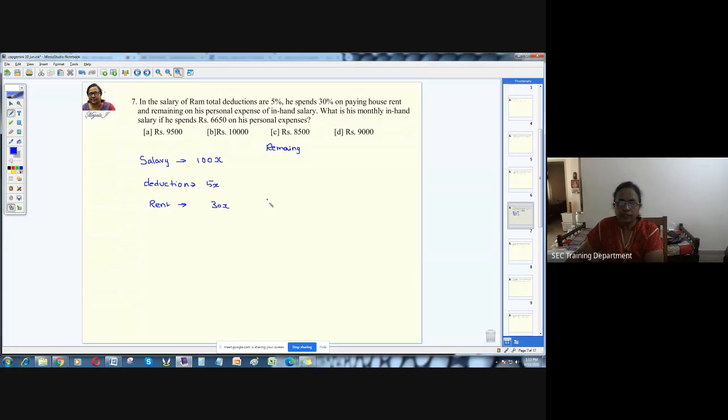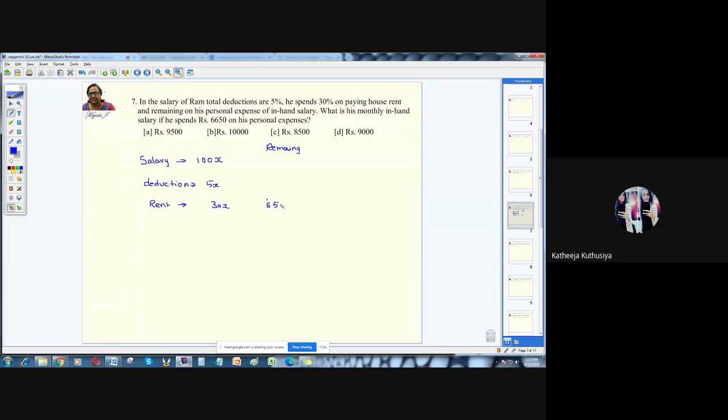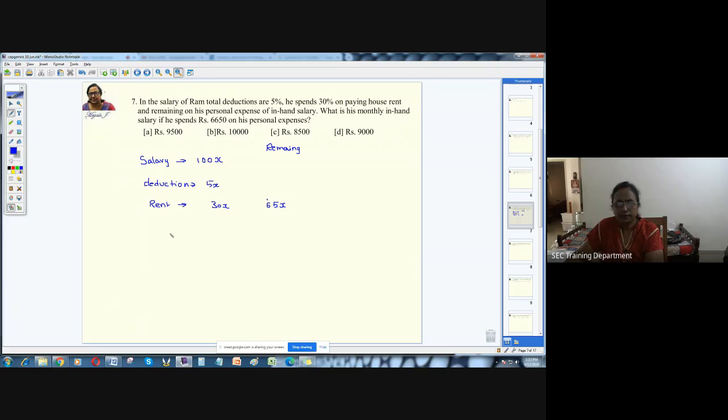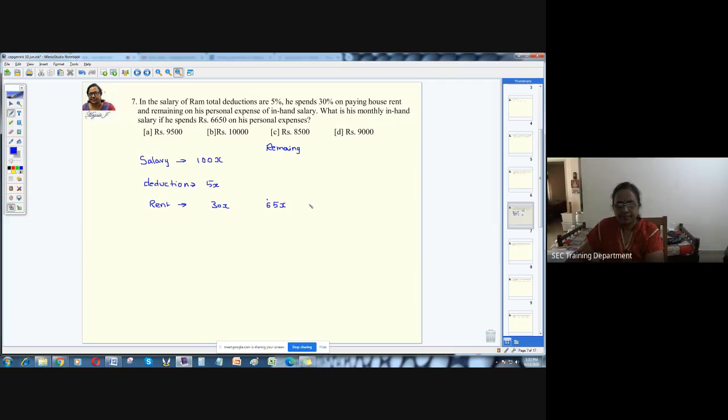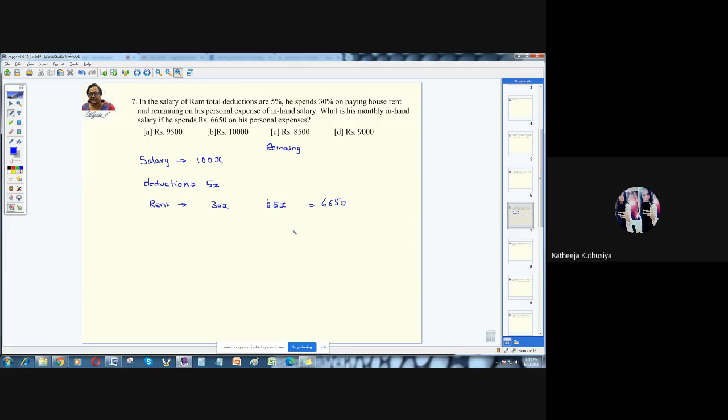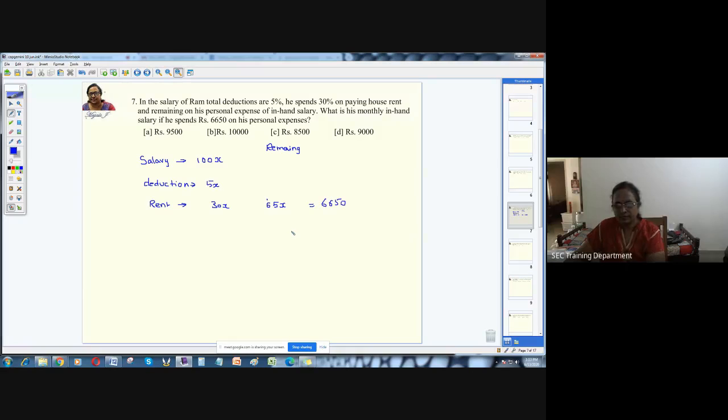Remaining, what you are saying here is 100 minus 65, which is 65x. Then 65x should be 6,650. So 65x is equal to 6,650. Find x.